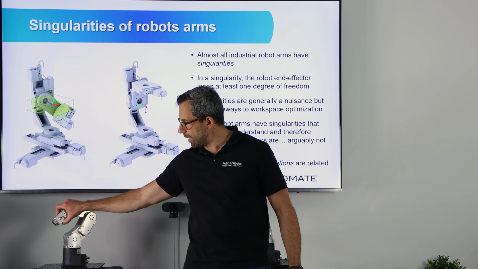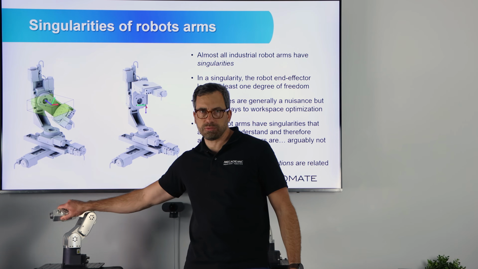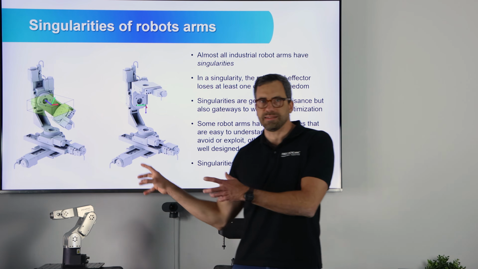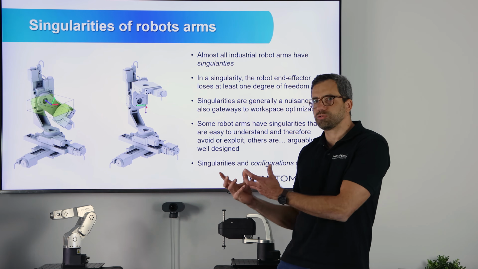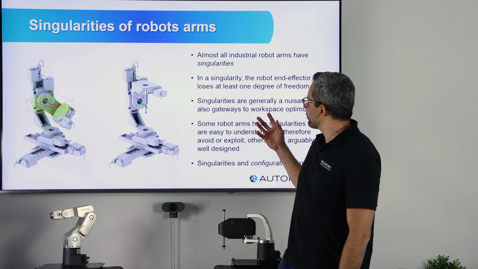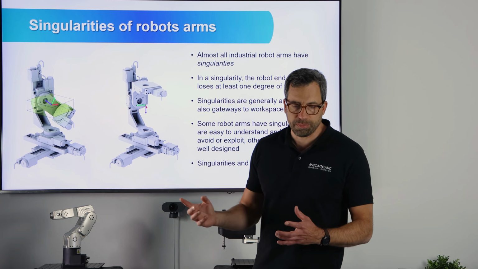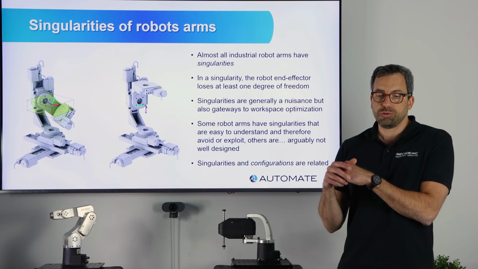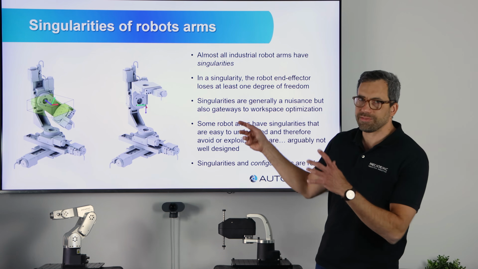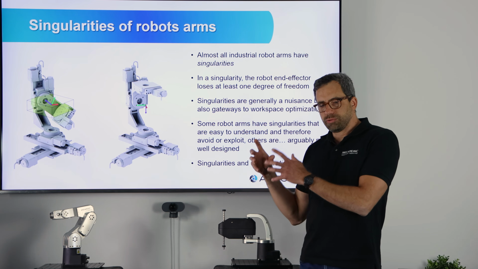You can move this way, you can do this rotation, but you cannot go this way instantaneously. Okay, so you lose 1 degree of freedom, or maybe even more. So singularities are usually bad.